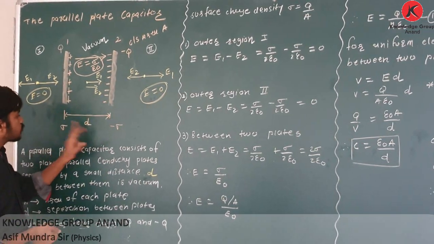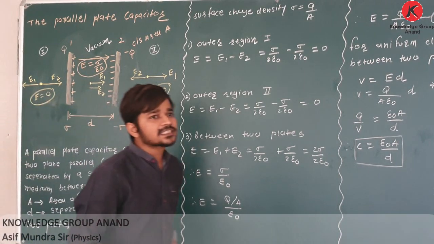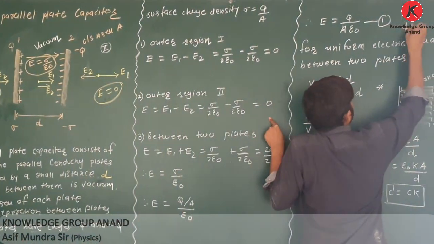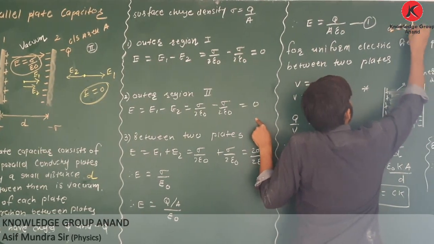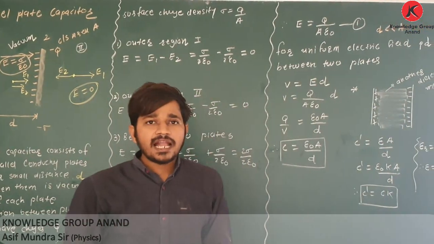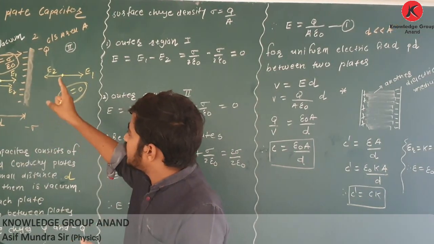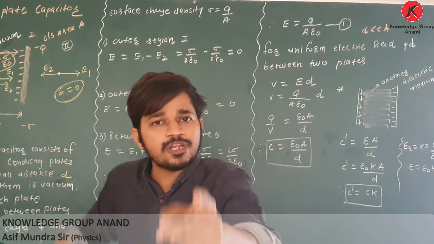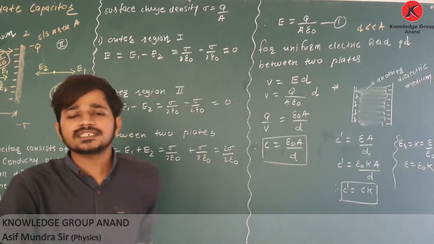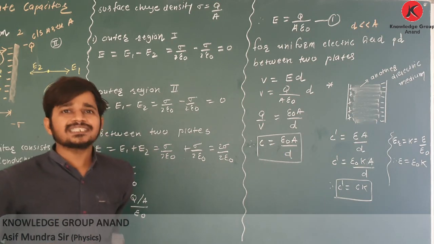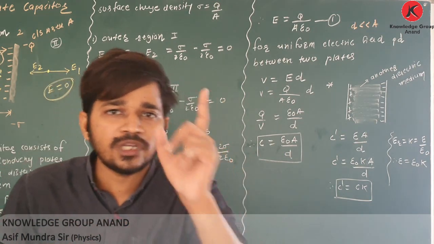The distance between these two plates, d, is smaller than the area dimensions. So the electric field between the two plates, sigma upon epsilon 0, is uniform at each and every point.